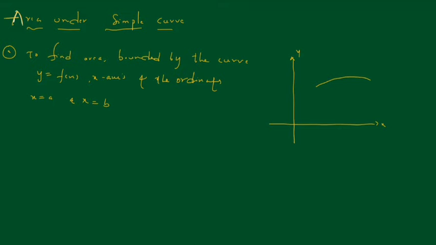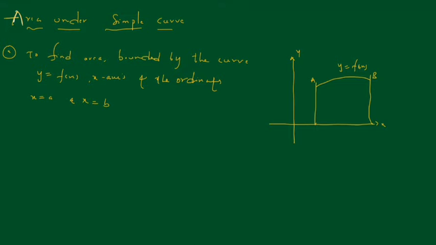So here we have the curve, y equals f of x. The curve usually you have to take as y equals f of x. Here a and b are the two ordinates. They are perpendicular to the x-axis.